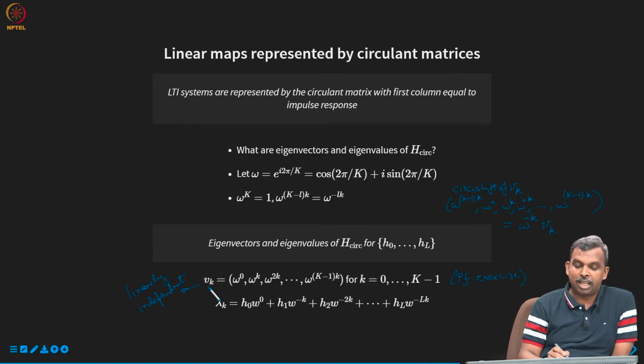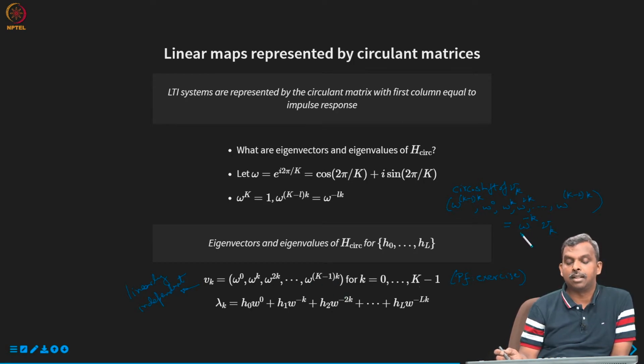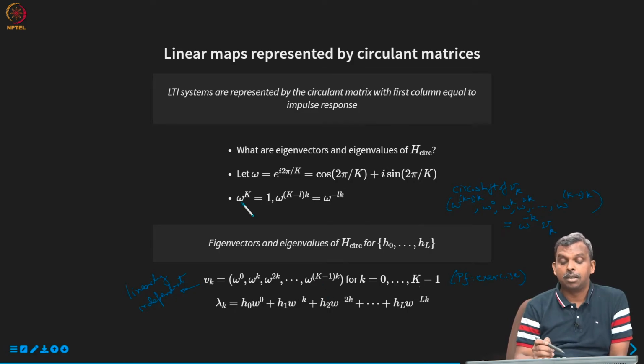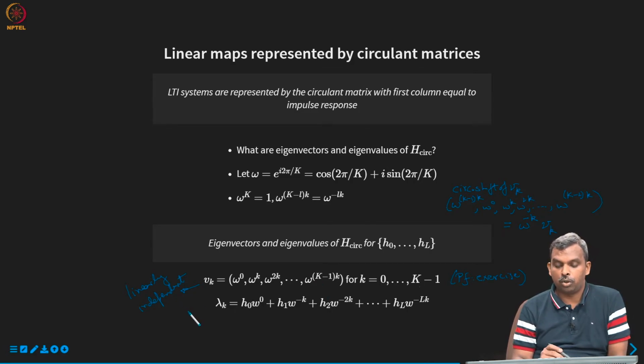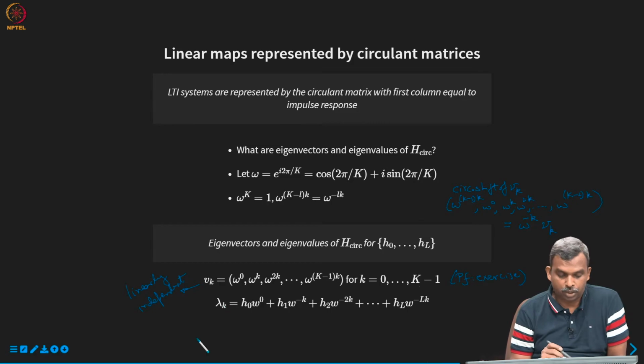So you have capital K linearly independent eigenvectors for any circulant matrix, irrespective of what the entries in the circulant matrix are. The eigenvectors remain the same, and that's because of this circulant property that this nice vector satisfies because of this complex kth roots of unity. Okay, so this is what you get.